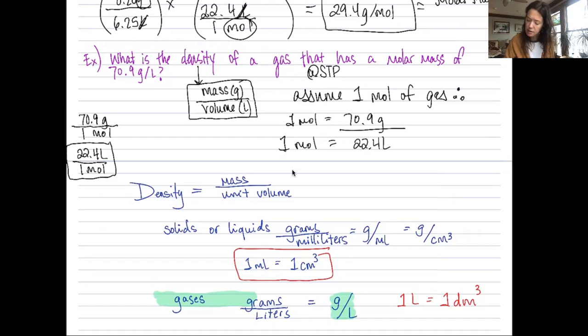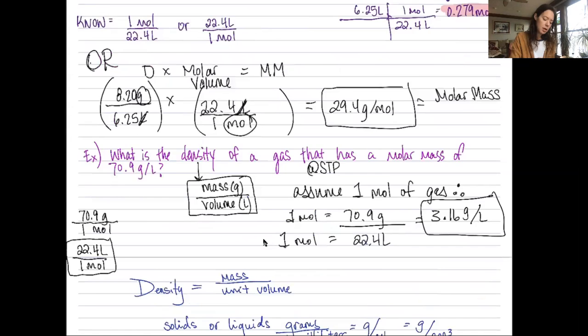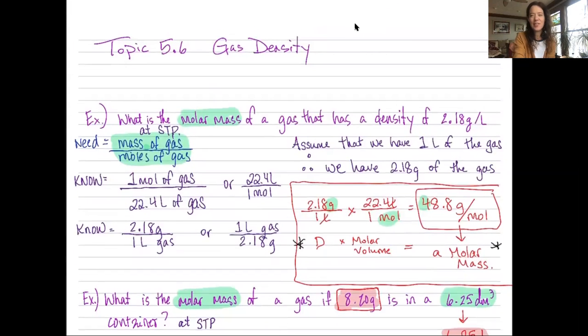And if I divide 70.9 by 22.4 liters, what do you get? 3.16 grams per liter. Okay, and so it's a manipulating units game. And if you enjoy manipulating units, it's good. If not, it gets tricky.